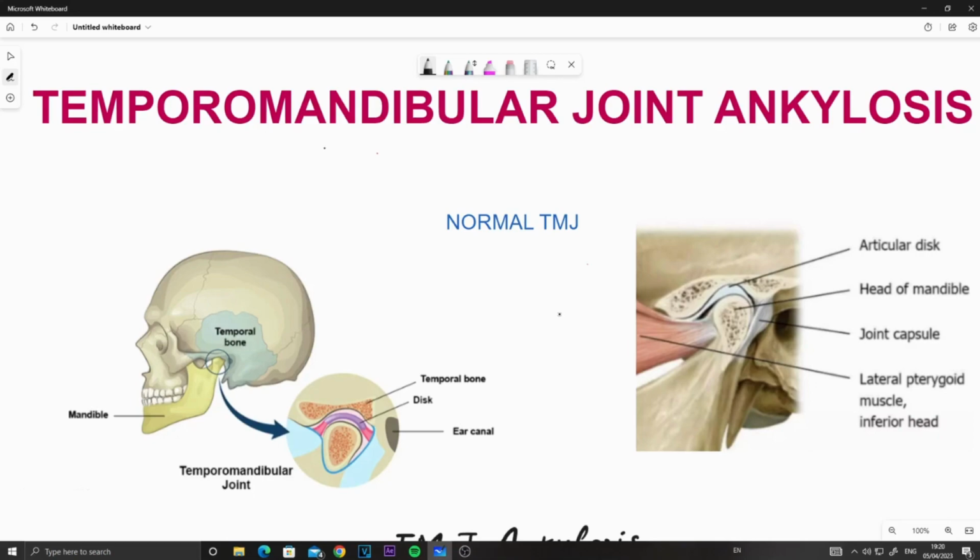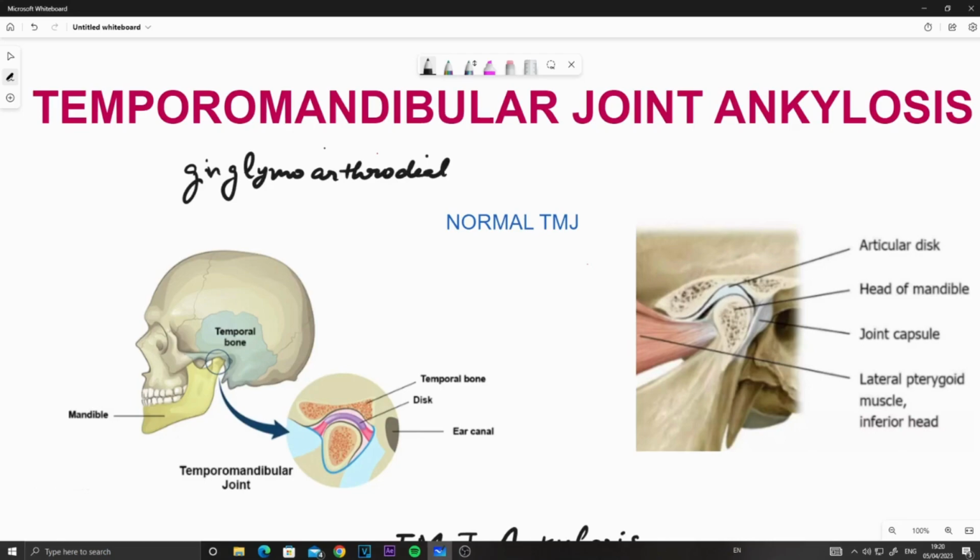So the beginning of this will be with the definition of the temporomandibular joint, which we will say is a ginglymoarthrodial joint.